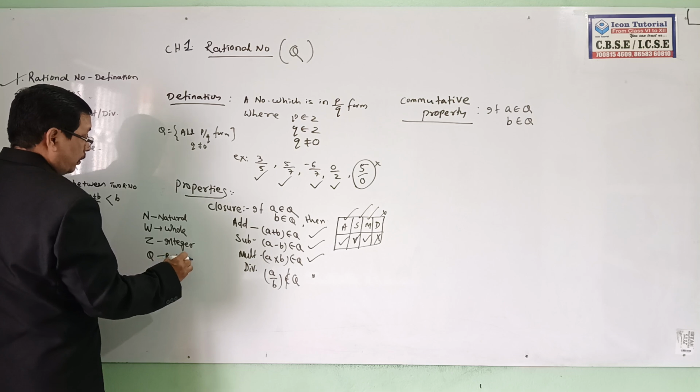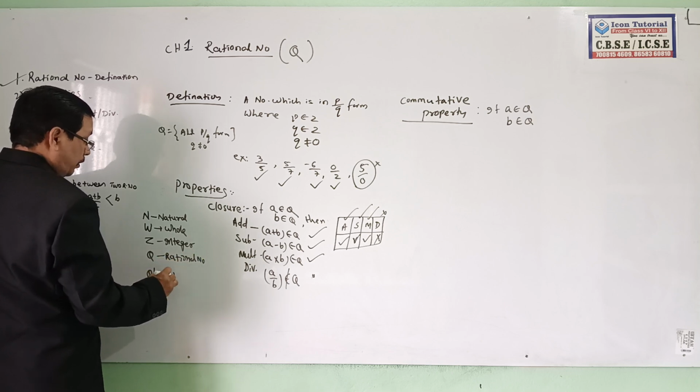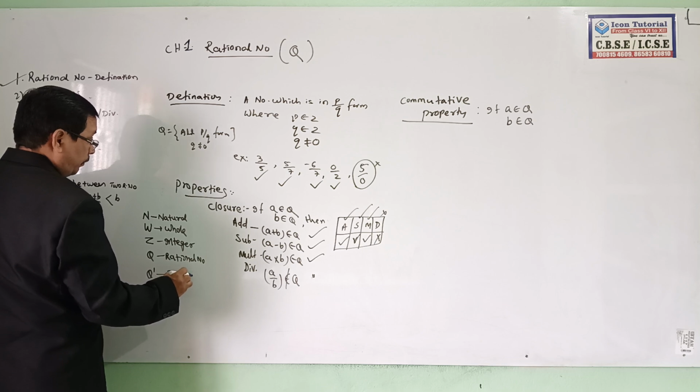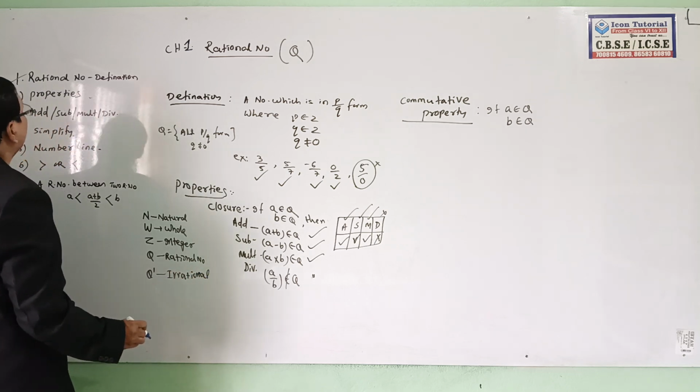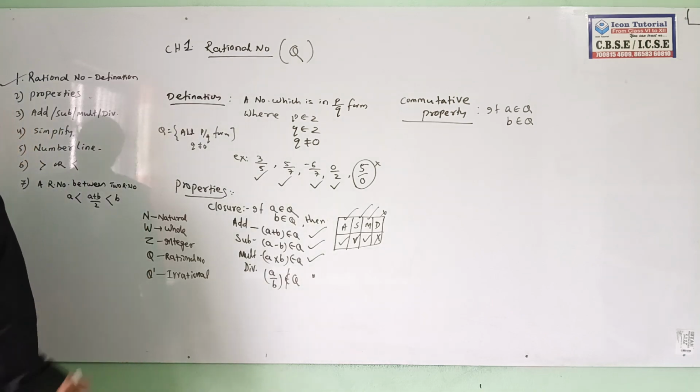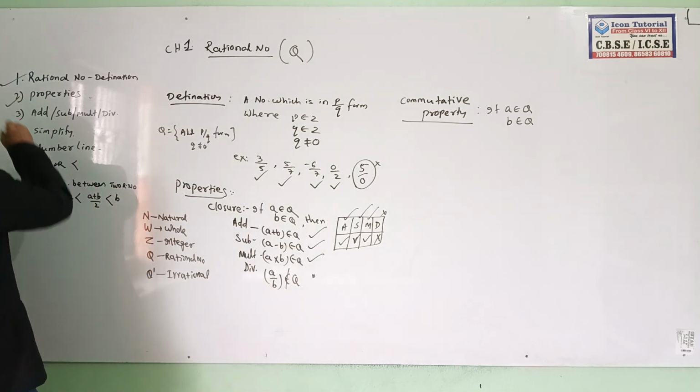Here, this is rational numbers, and this is irrational numbers.